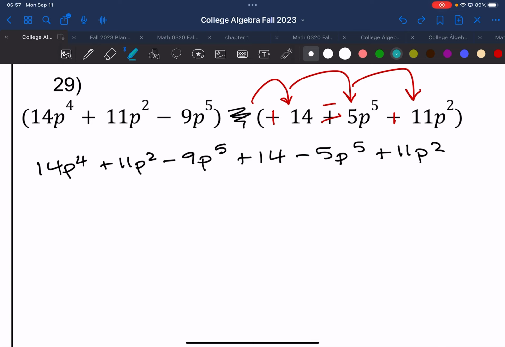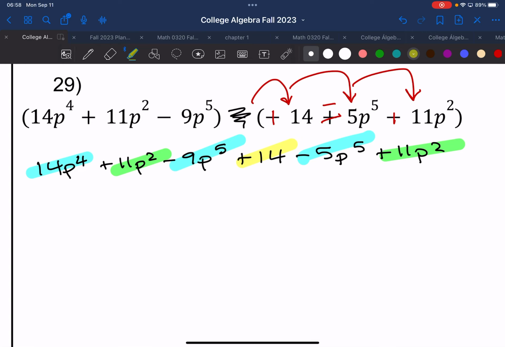Now I'm combining like terms, so I have a p to the fourth, which looks like it's by itself, 2p squareds, 2p to the fifths, and then a constant. So even though this 14p to the fourth comes first, which one do you think we should write first if we're putting it in proper form?